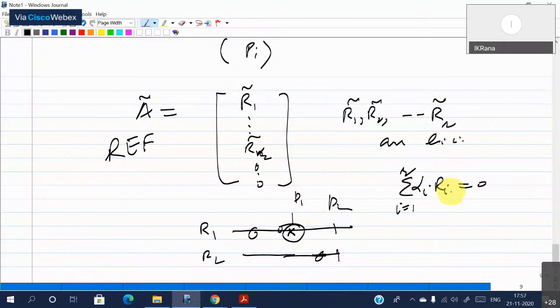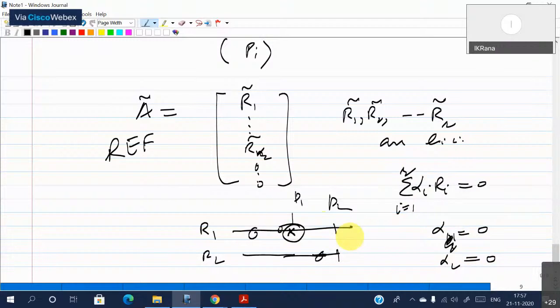The P1th component of this equation will give you alpha 1 is equal to 0. The P2th component will give you alpha 2 is equal to 0, and so on.